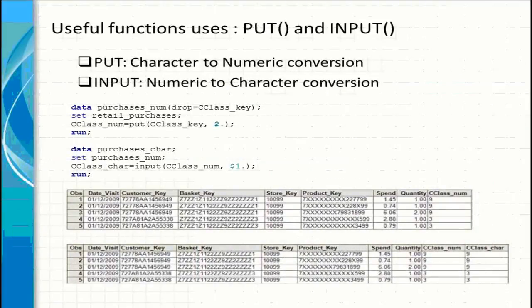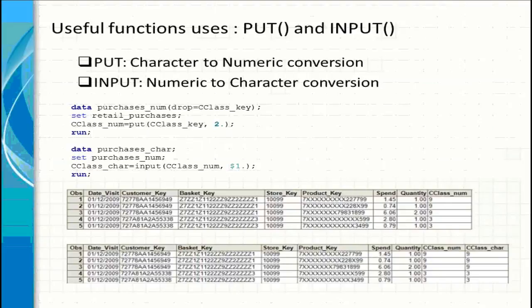Some other useful functions, put and input. So put is great to do character to numeric conversions, and input is great for numeric to character conversions. So there you've got some examples where, starting off with the retail_purchases data set, you're going to create the C_class_num variable, which is basically a numeric variable, by applying the put function to the C_class_key, which, if you recall, was a character variable.